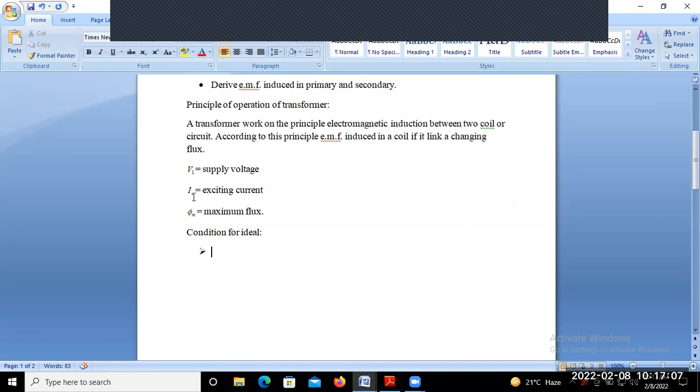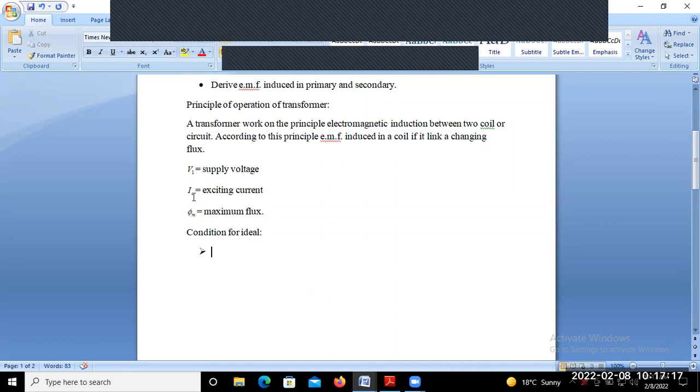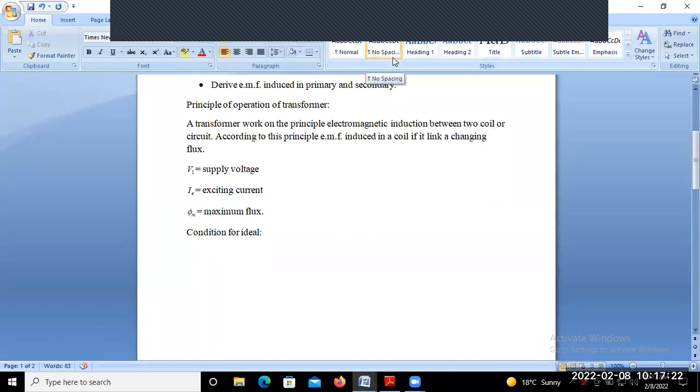And last one, the core has constant permeability, whatever core material you have used for the transformer core, so that the magnetization curve for the core is linear in the ideal transformer. Just note all these points.